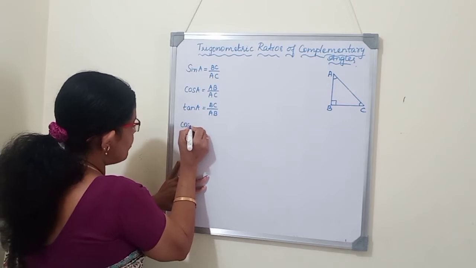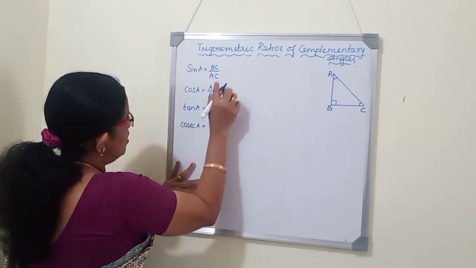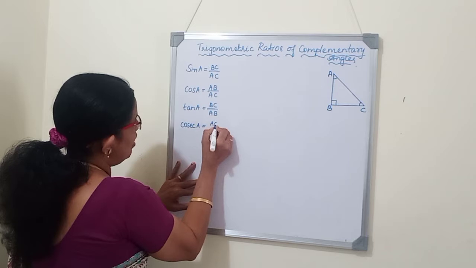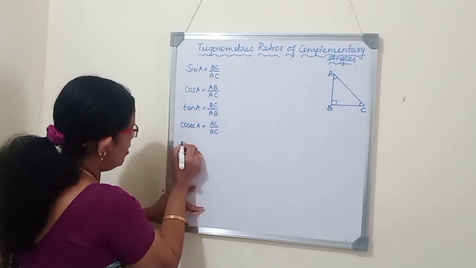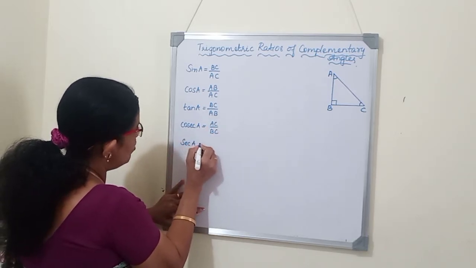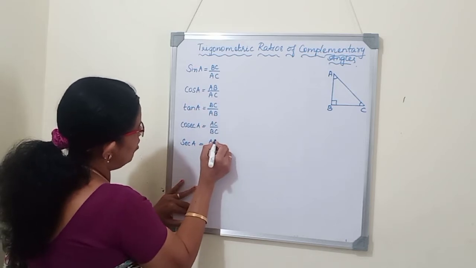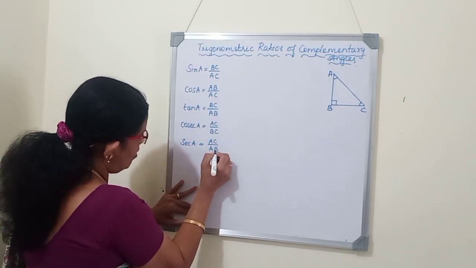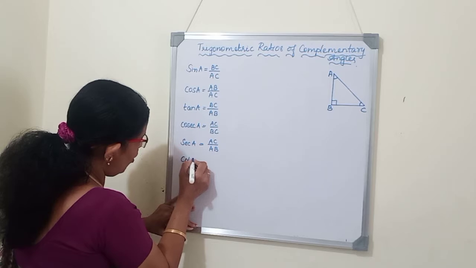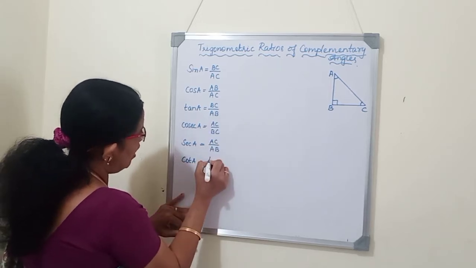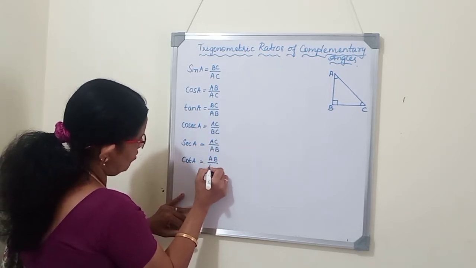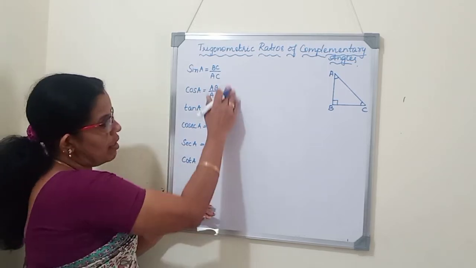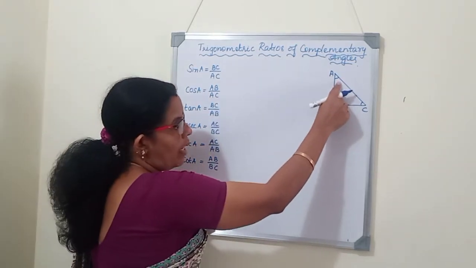Cosec A is the reciprocal of sin A, so AC by BC. Sec A is the reciprocal of cos A, so AC by AB. And cot A is the reciprocal of tan A, so it is AB by BC. So these are the 6 trigonometric ratios with respect to angle A.